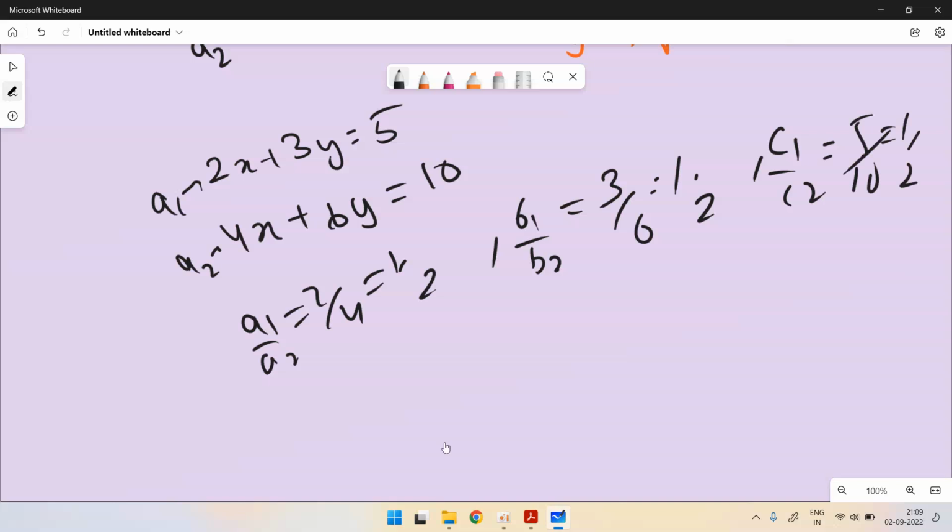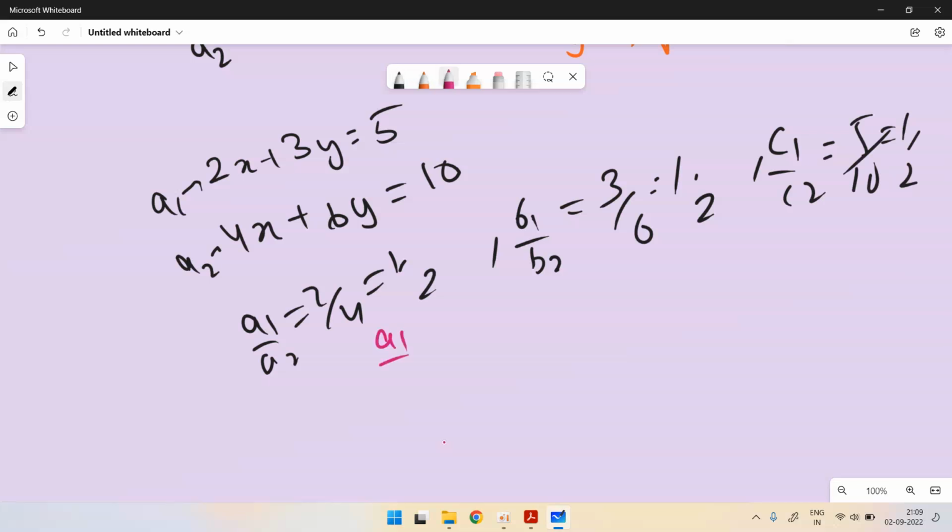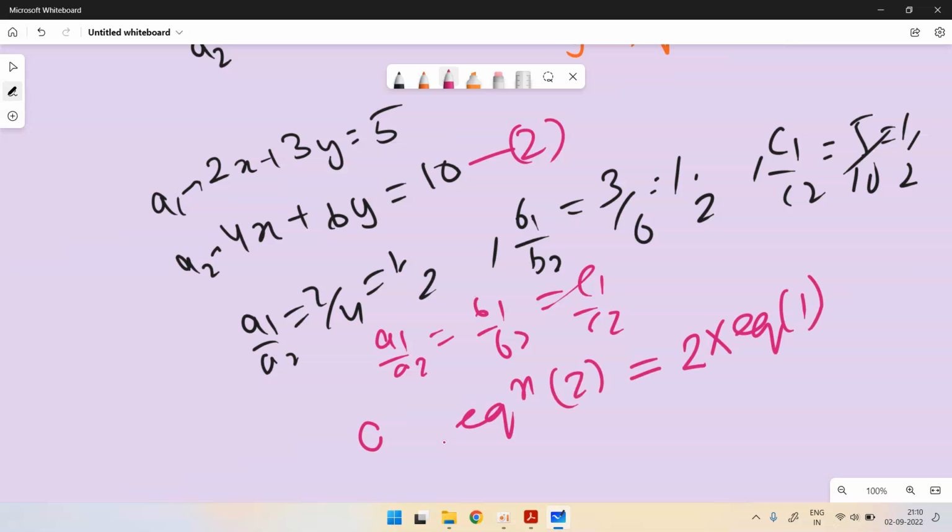So a1 by a2 equals b1 by b2 equals c1 by c2. If you directly see this equation, you can see that equation 2 is 2 times equation 1. If you multiply the whole equation by 2, you will get 4x, 2 into 3 that is 6y, equal to 5 into 2 that is 10.